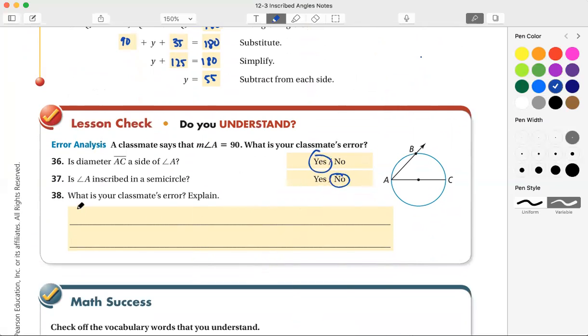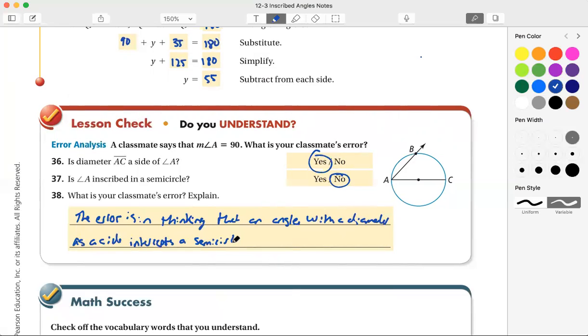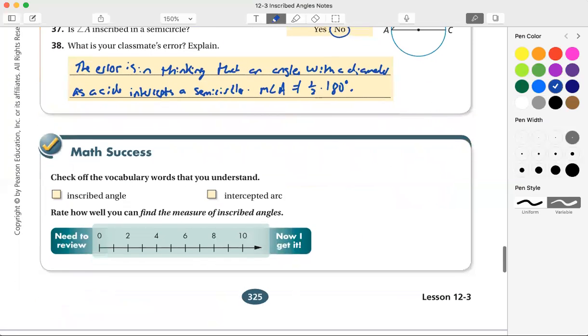No. So the error is in thinking that an angle with a diameter as a side intercepts a semicircle. The measure of angle A does not equal 1/2 of 180 degrees. And that's the end of this section.